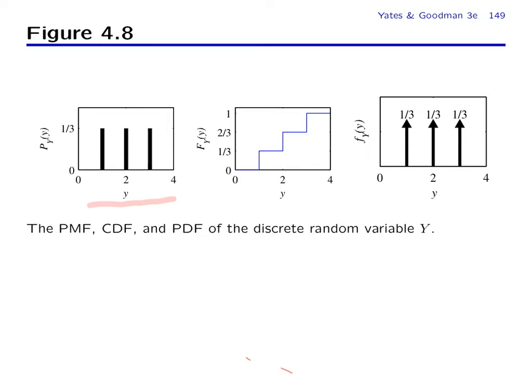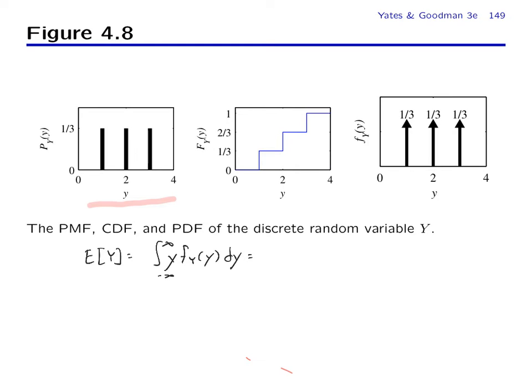We can also use the PDF with delta functions in order to calculate the expected value. In this instance, we know that we can write the expected value in terms of the PDF as the integral of y times the PDF of y over all y, right?